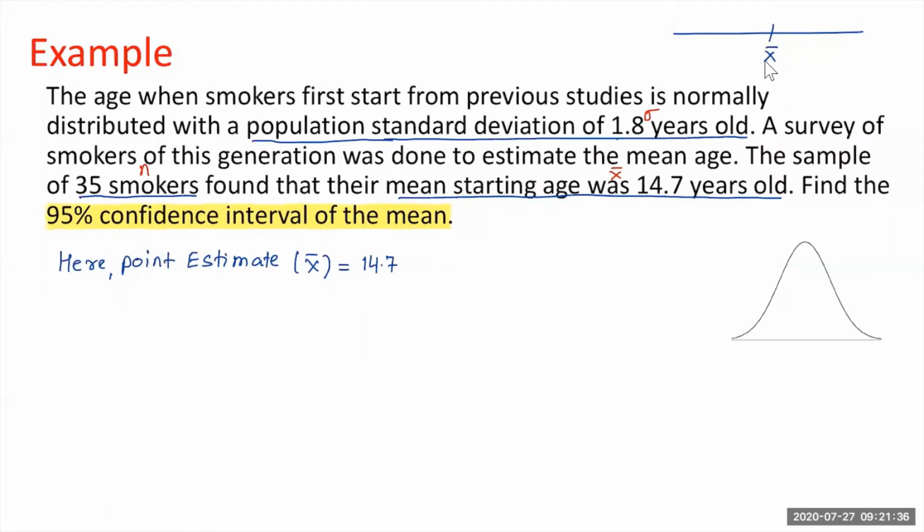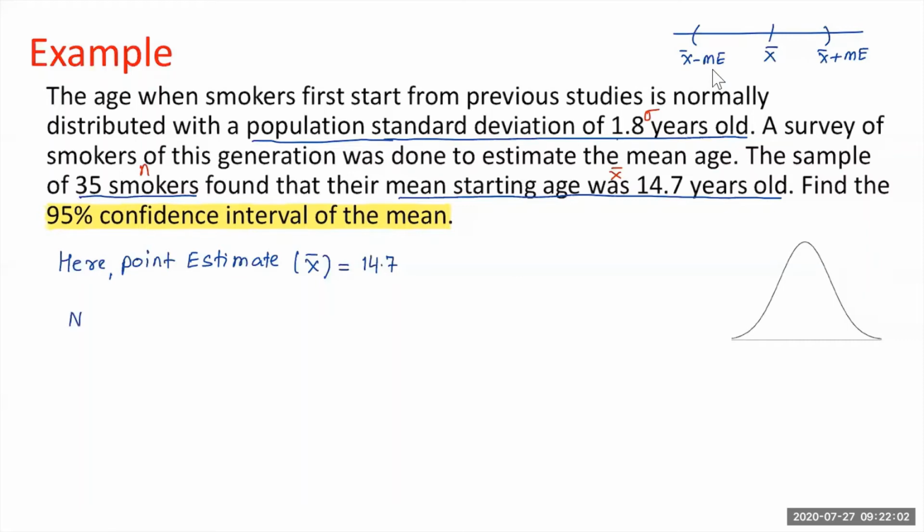Now what I need is the sample mean plus some value and the sample mean minus some value. So I need the sample mean plus the margin of error, and the sample mean minus the margin of error. What I actually need is the margin of error.